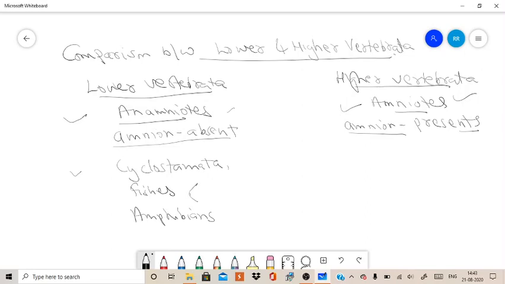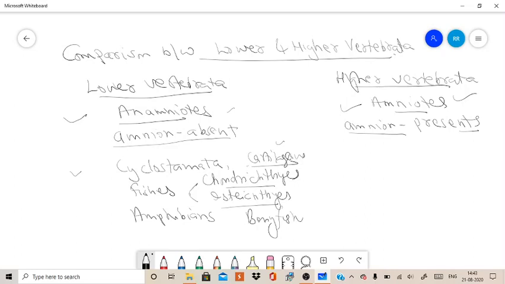Fishes include both chondrichthyes and osteichthyes. Chondrichthyes are cartilaginous fishes, and the osteichthyes are bony fishes. So these all are examples of lower vertebrata.